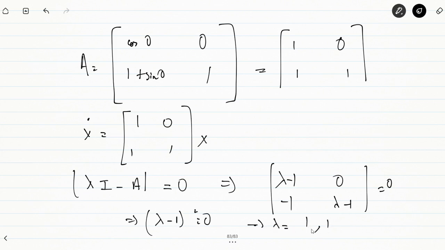So with these eigenvalues, 1 and 1, that's repeated roots. Since these are positive repeated roots, we can say the equilibrium point corresponding to the origin of the system will be unstable. You can also find other eigenvalues of the system as well, and corresponding to those eigenvalues you can determine whether your system is stable or not.